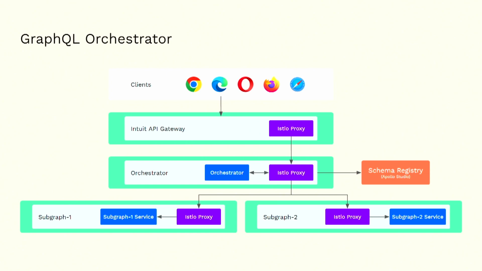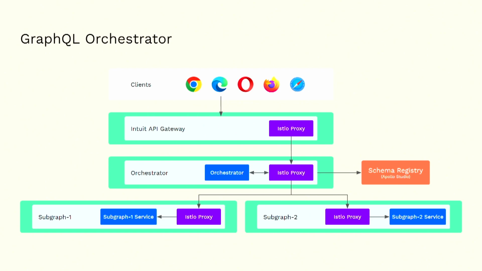Even for GraphQL, we let the API gateway do that. And the orchestrator will have to talk to the schema registry, in our case Apollo Studio, to get the schema. And once it gets the schema, it knows what all subgraphs it has to connect to at runtime.